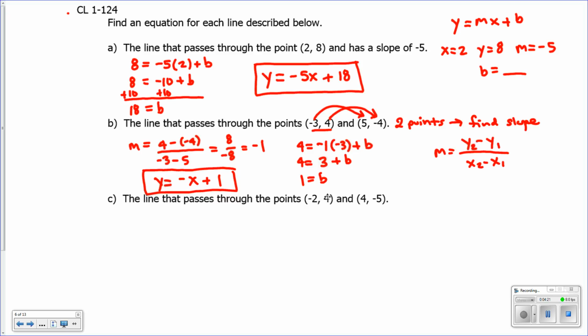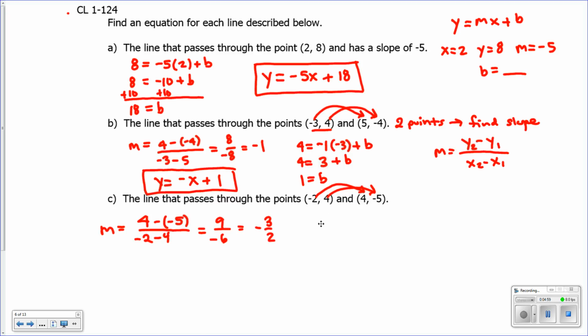I'm going to do 4 minus -5, and then -2 minus 4. 4 minus -5 is 9. -2 minus 4 is -6, which is going to be -3/2 as our slope.